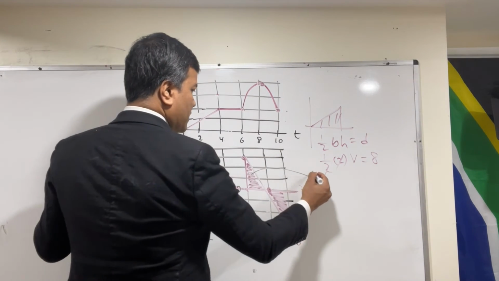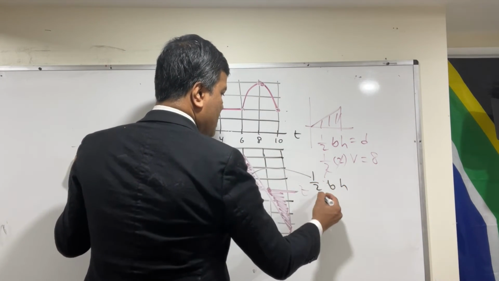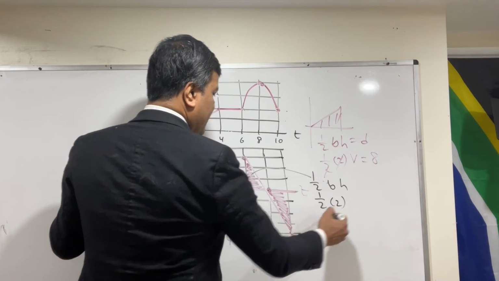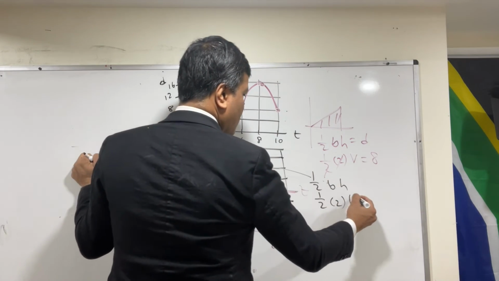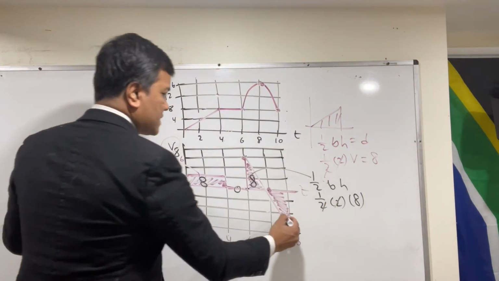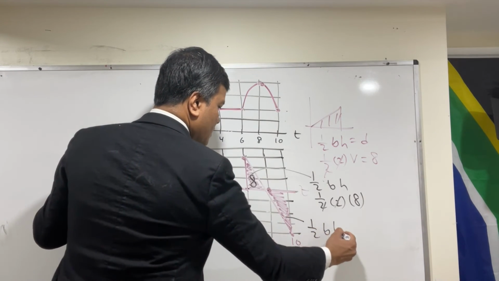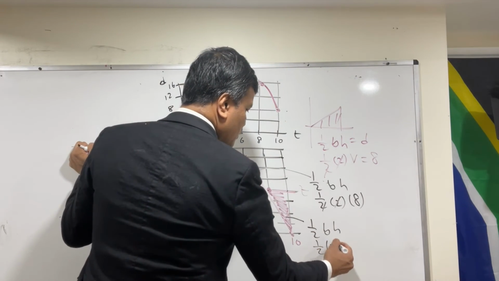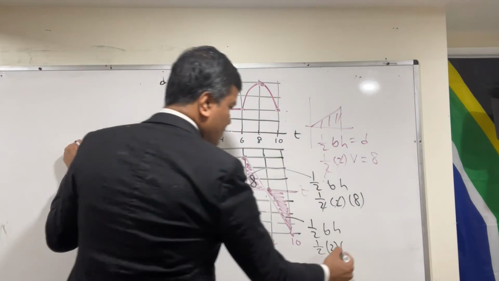You're going to do this one now. Half BH. Half B is 8 minus 6 is 2 and H is 8. 2 to cancel, so this is 8. And this is half BH. Half B is 10 minus 8 is 2 and H is negative 8.